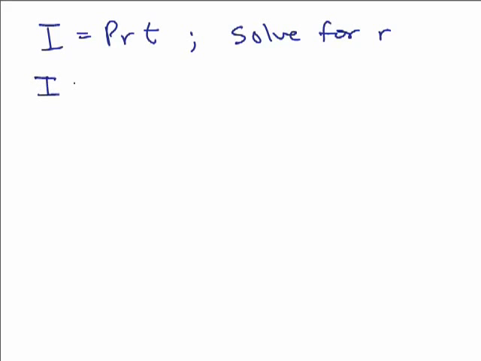So it might be easier to think of this as p, t, r. So you are thinking of this as the coefficient of r, similar to if you had something like this, 5 equals 7r, right? Except instead of a 7, it's a pt.